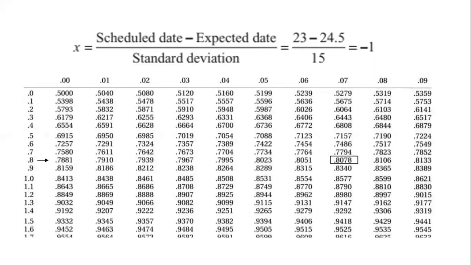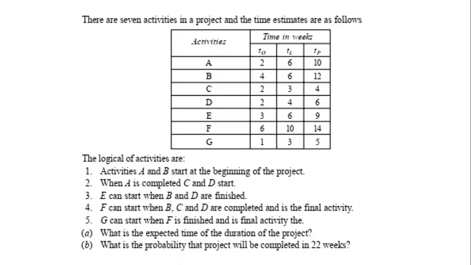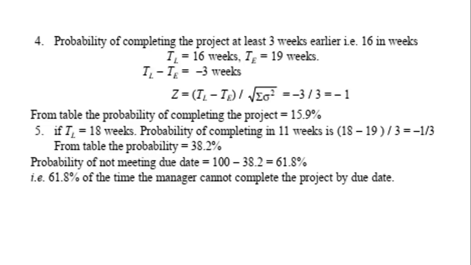How to calculate on the calculator, that part I will tell you in class when you resume in the month of August or September maybe, because the calculator part is not possible through this online session. So I will tell you how to calculate through the calculator or this table. This printout will be provided to you to find out the probability. I hope you understood this part.